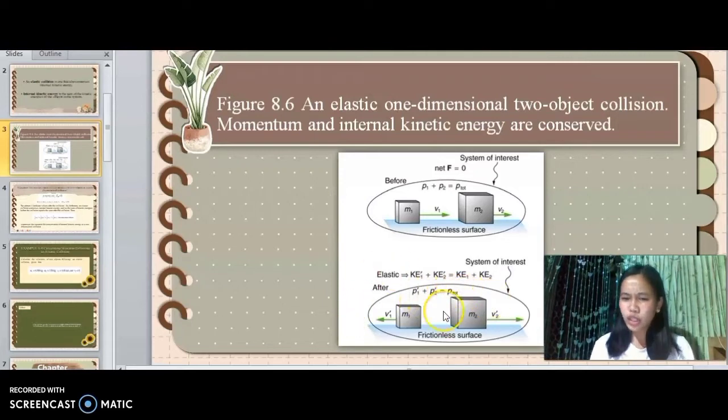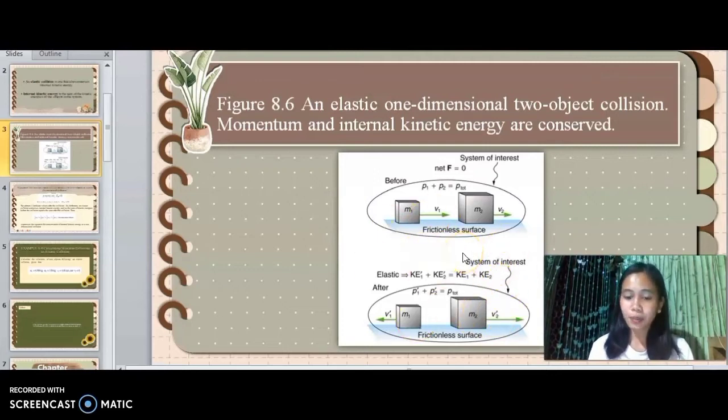So as we observed here, mass 1, the first object, bounces backward, while mass 2 pushes forward. So in a collision, we would understand where the object would go. Is it either bounce backward, or push forward, or would it just stick together? It depends on the collision.